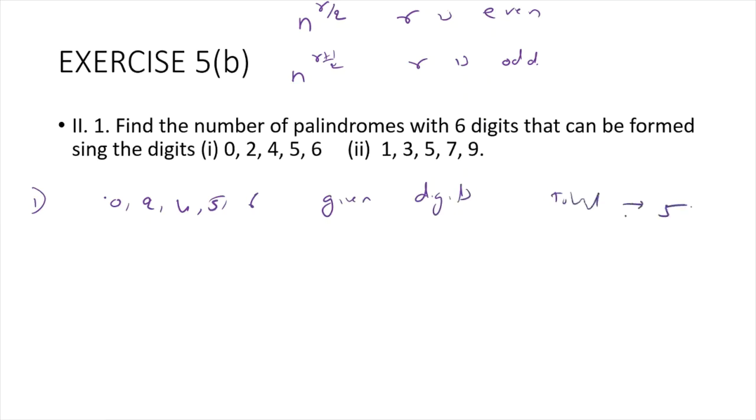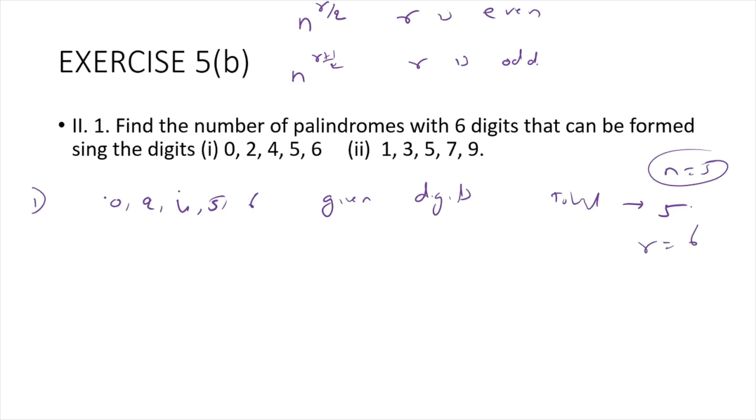So we have n is equal to 5 and r is equal to 6. Therefore the total number of palindromes is equal to 5 raised to 6 upon 2, which is equal to 5 cubed.